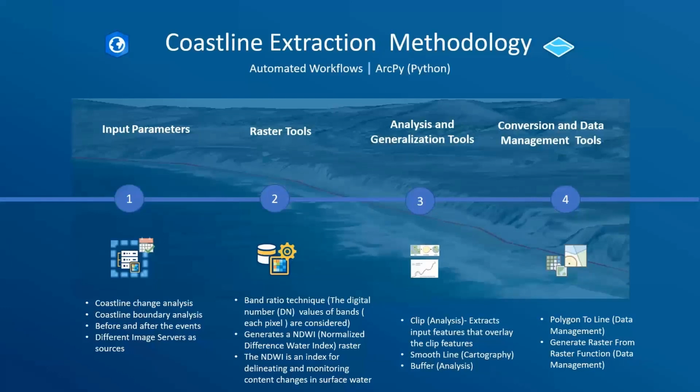And these analysis, generalization, conversion, and data management tools are used in this automated workflow as needed. Even though I listed them as third and fourth, those are not coming in sequence, but they come in as needed in the process of extracting the coastline.